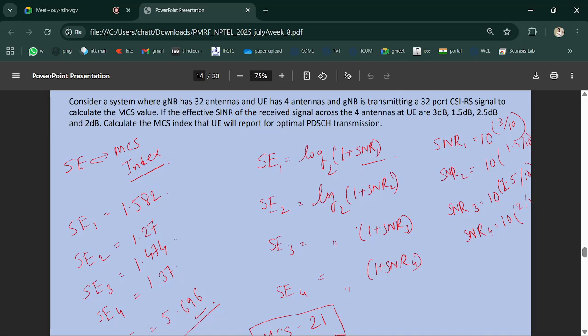AC is coming out to be 5.6 something. That means SNR in the linear scale is of value like 50, and so overall SNR adds up to be 14 dB or 15 dB, something of that sort.